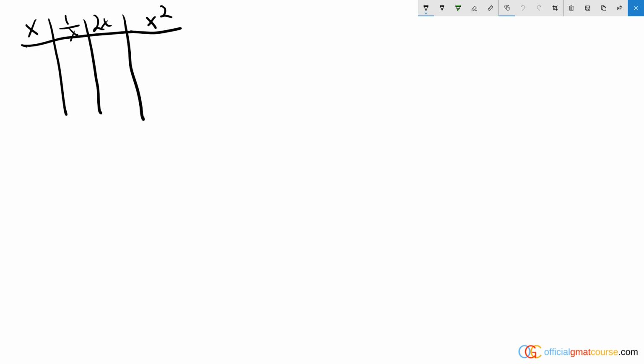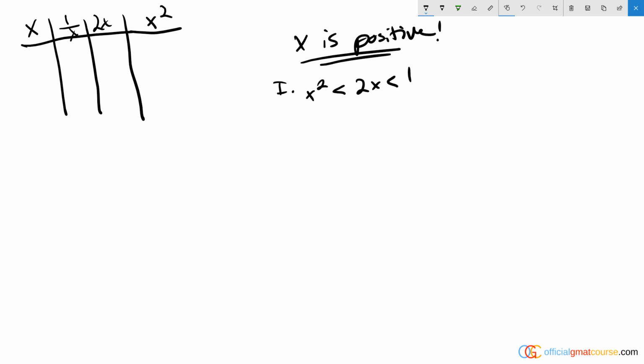But the most important thing here is that x is positive, because x being positive allows me to do some algebra that I wouldn't otherwise be able to do. If we look at statement 1, it says that x squared is less than 2x is less than 1 over x. And it's our job to figure out if this is possible.